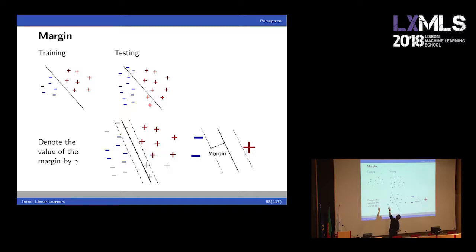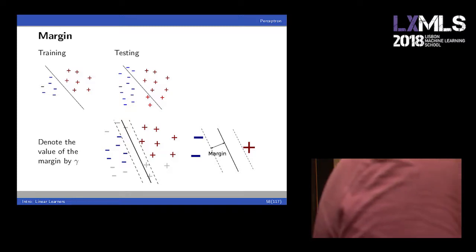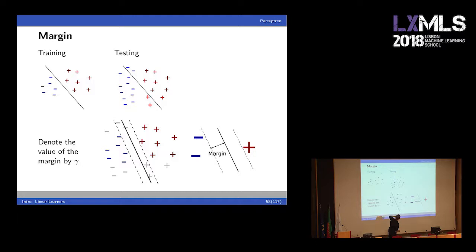So let's look at the examples that we have here. You can see this margin here is very small, right? It's very close to the negative and the positive example. If we would put it like this, then it would be larger and do a better separation.